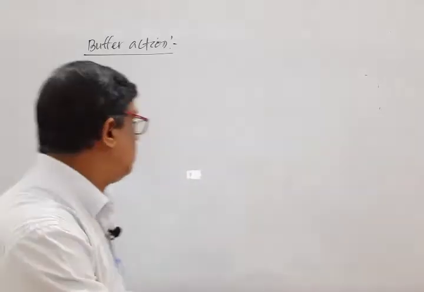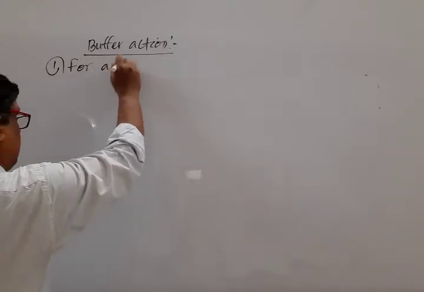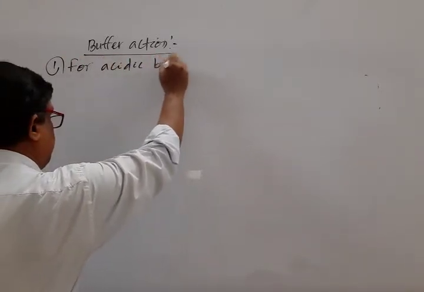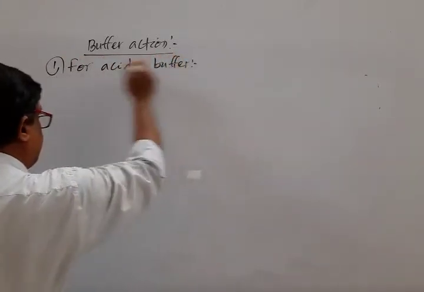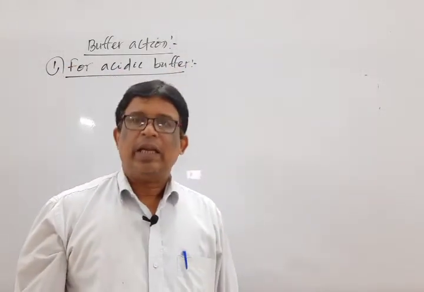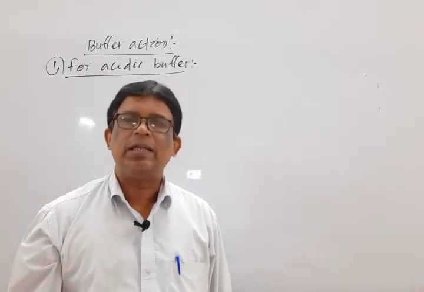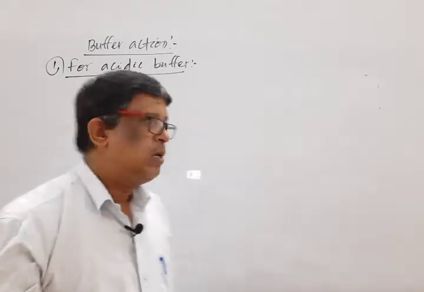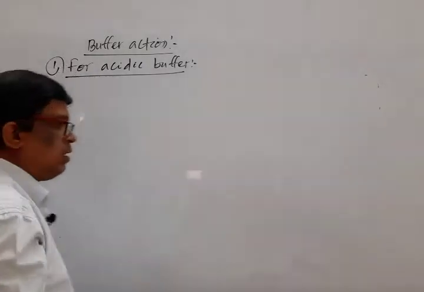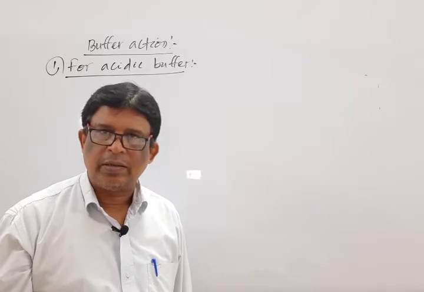So point 1, for acidic buffer, what do we know by acidic buffer? That is an equimolar mixture of weak acid and its salt of strong base. Mark that. That means an equimolar mixture of acetic acid and sodium acetate.